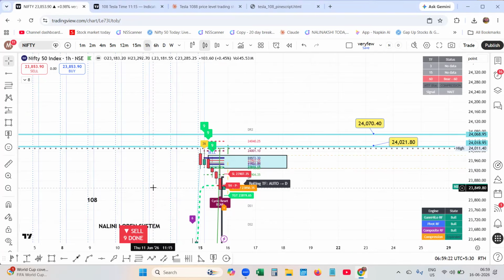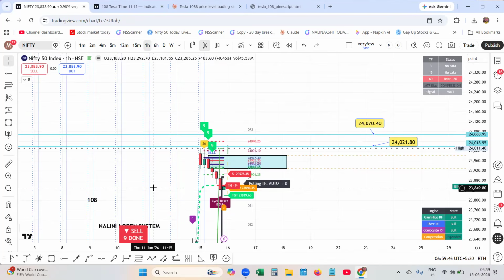Even the option premiums will stabilize. Also, you will see a lot of activity. The market becomes slow after some time and then becomes active. At that time, a trend towards the upside or towards the downside will emerge.